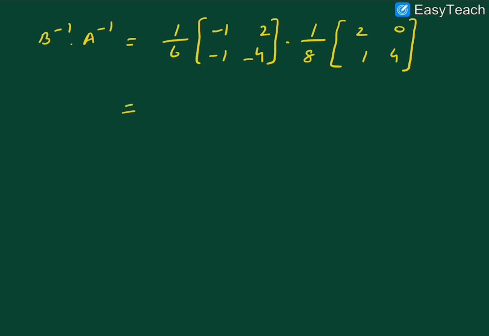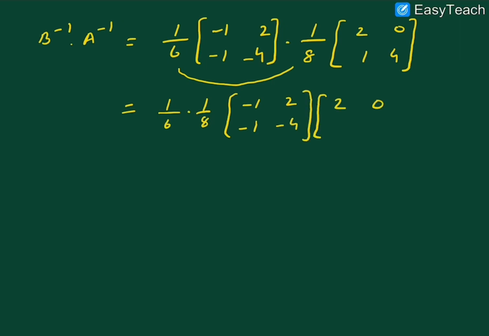Now you can multiply first this 1 by 6 with 1 by 8, and the two matrices you need to multiply: minus 1, 2, minus 1, minus 4 with 2, 0 and 1, 4.